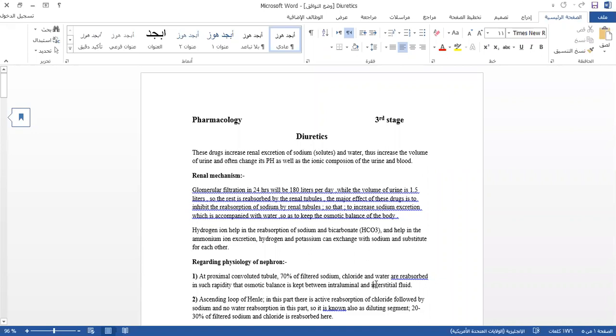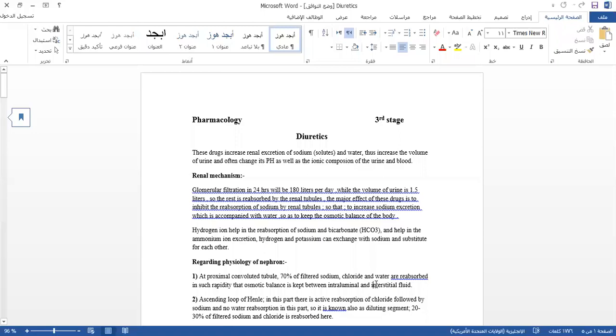These drugs increase renal excretion of sodium, solutes, and water, thus increasing the volume of urine and often changing its pH as well as the ionic composition of urine and blood. That means these drugs not only increase the volume of urine through water excretion by the glomeruli, but also increase solute excretion, which is mainly sodium.